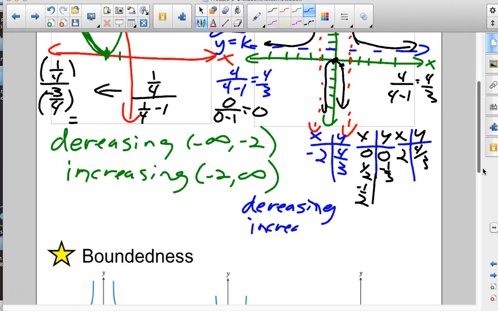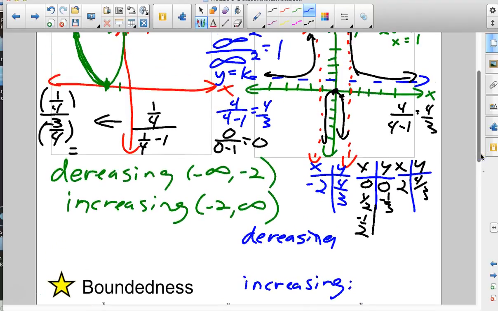Now I say all that good stuff because does this graph have a constant? Do we have a spot where everything's flat? No. Okay. So decreasing and increasing. I know I didn't give myself enough room here. So let's go after decreasing left to right. Let's see what we can find.